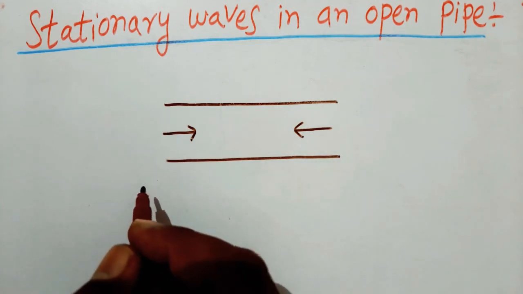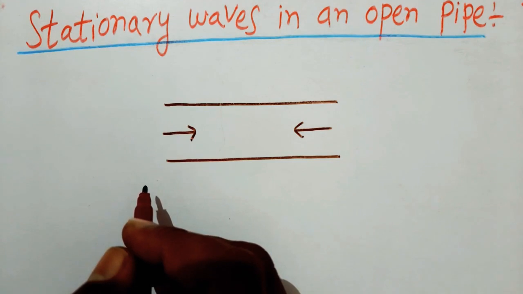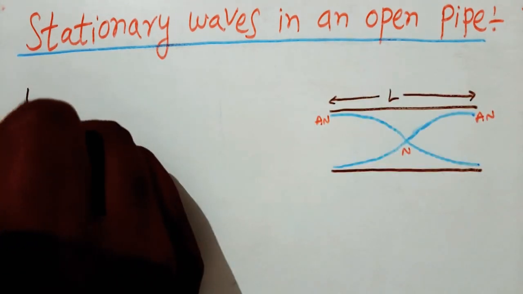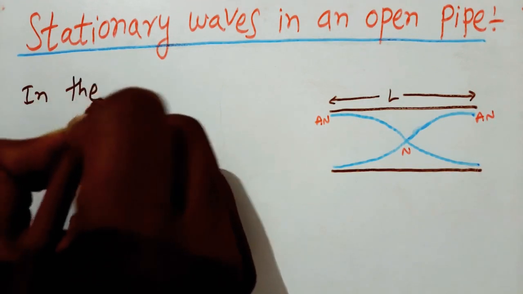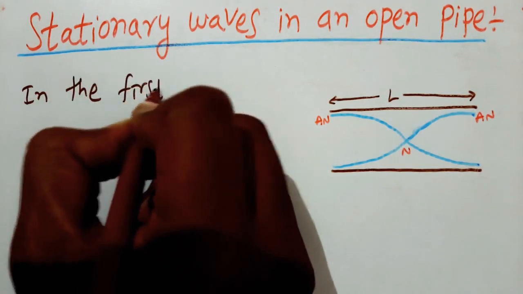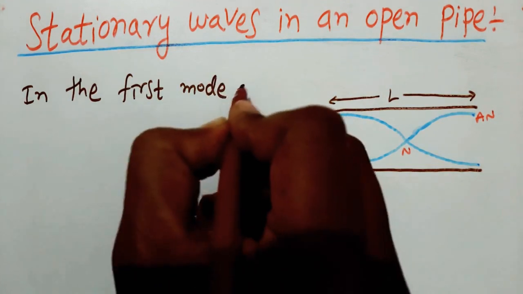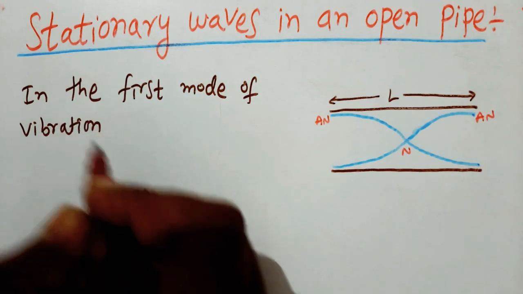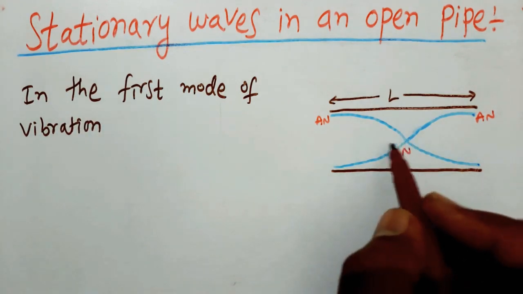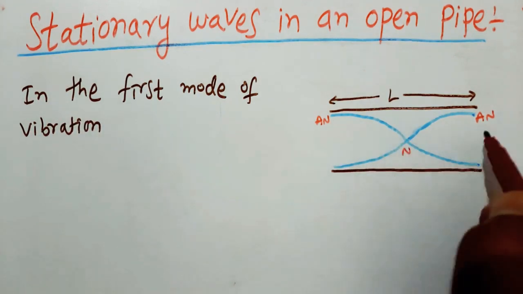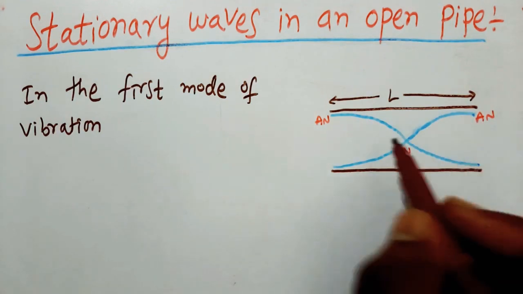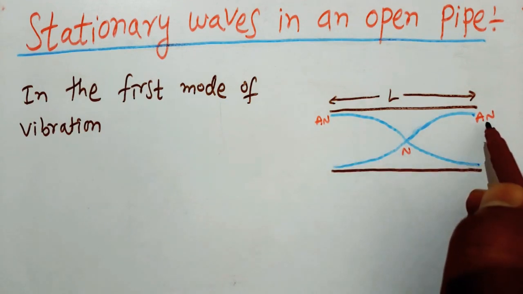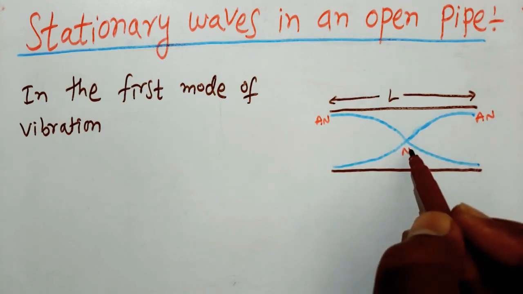Let us see. In the first mode of vibration, two half loops. So here it is one half loop, here it is one half loop. Two half loops, and two antinodes and one node are formed.